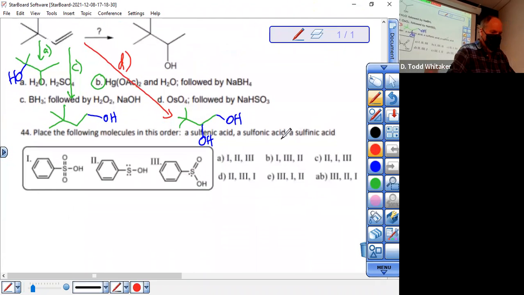Now, when you're doing the acids with sulfur involved, the only way to remember it, and it's easy, is that the names are alphabetical relative to the number of bonds to oxygen. The one with the E, sulfenic, will have the least bonds to oxygen. Sulfinic will be next.